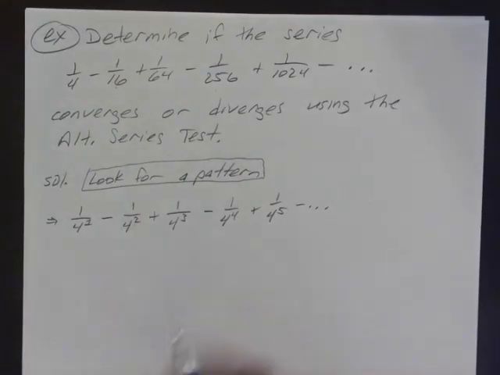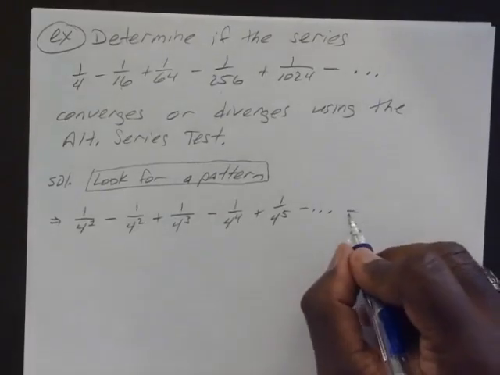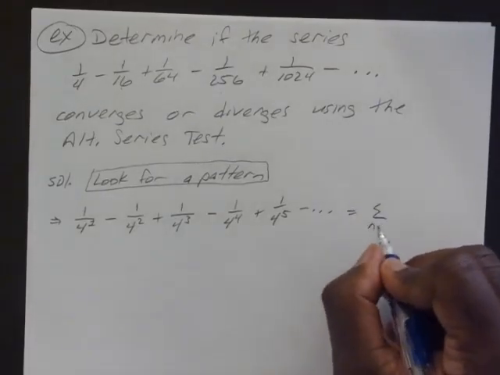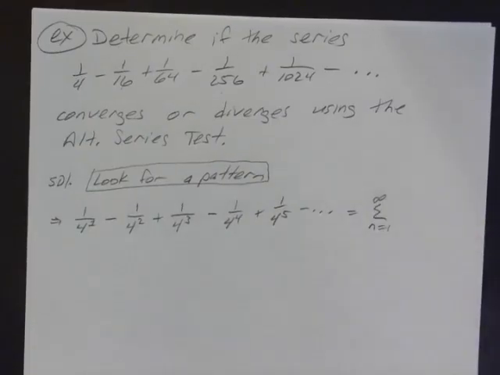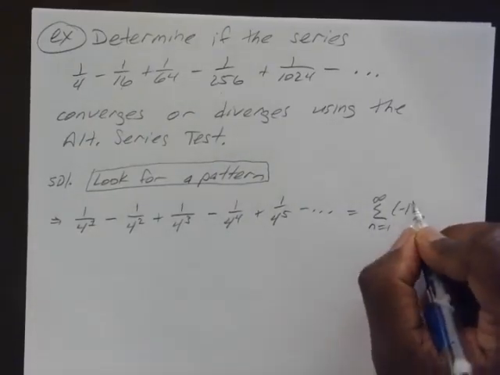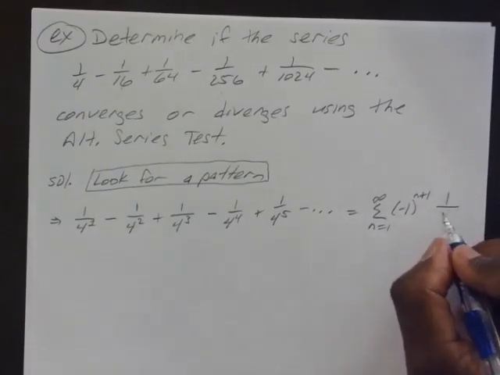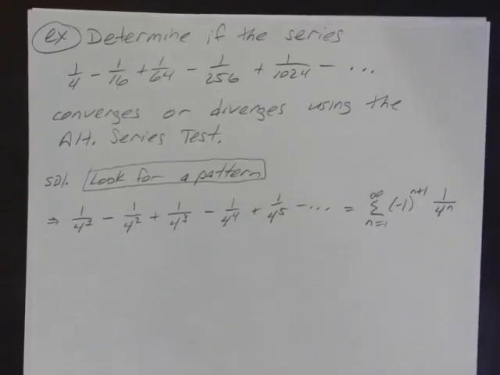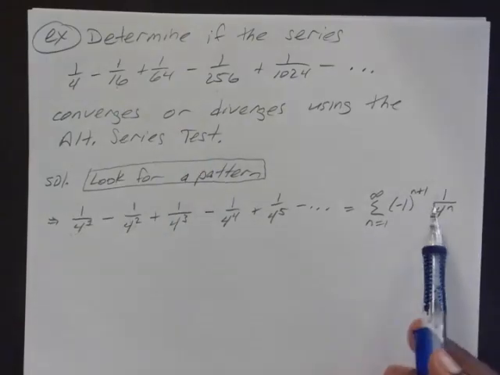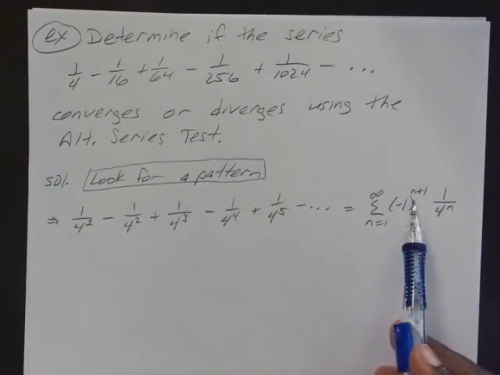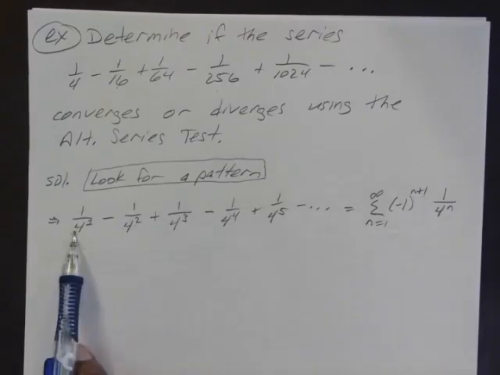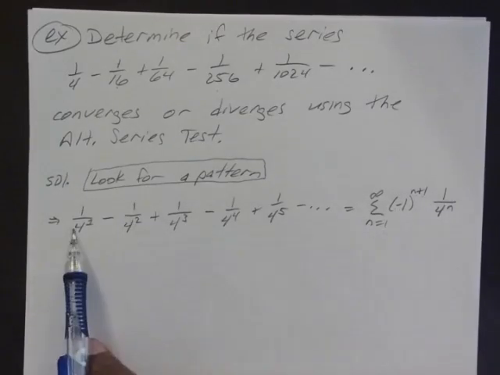Okay, so just using that pattern, we can see that this will give us the sum from n equals 1 to infinity of -1 to the power of n plus 1 of 1/4 to the power of n. So if your first term is positive, you're going to want to use -1 to the power of n plus 1, because if you plug in n equal to 1, it'll be -1 squared, which is positive.